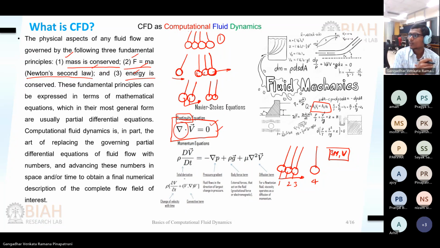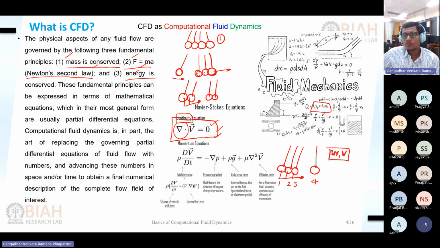Aman, are you there? Okay, Aman gave this answer. This is the correct answer, but the derivation started from the conservation of mass and ended up in this simplified form: A1 V1 equals A2 V2.